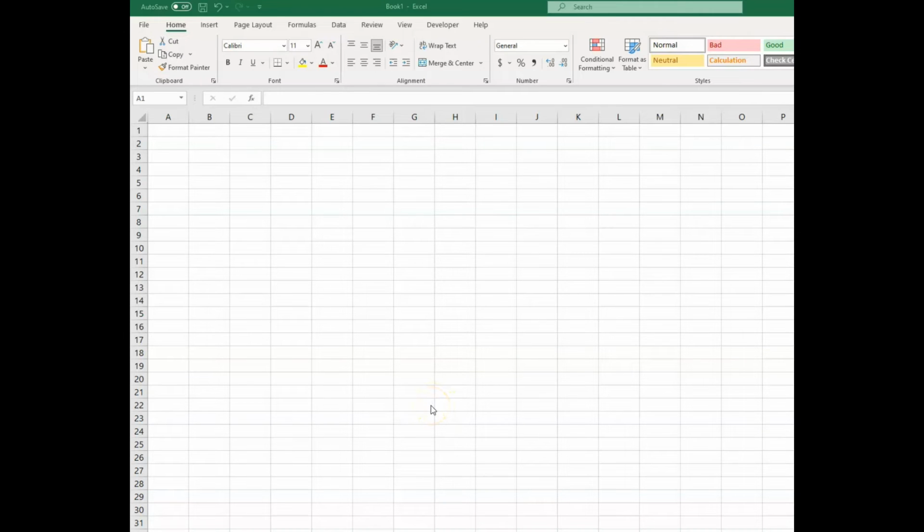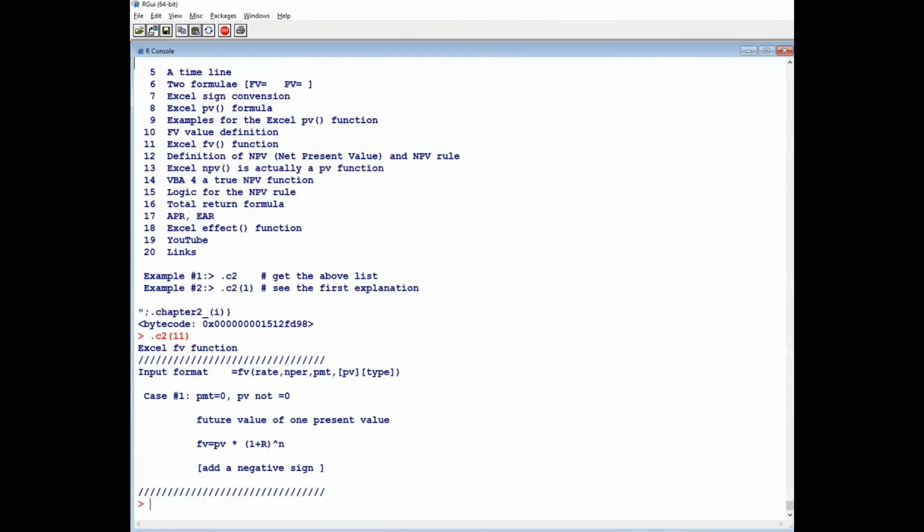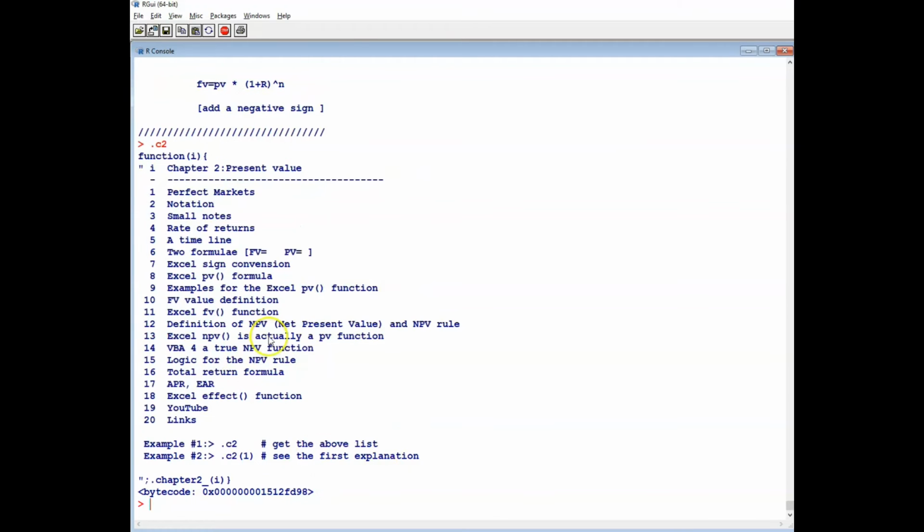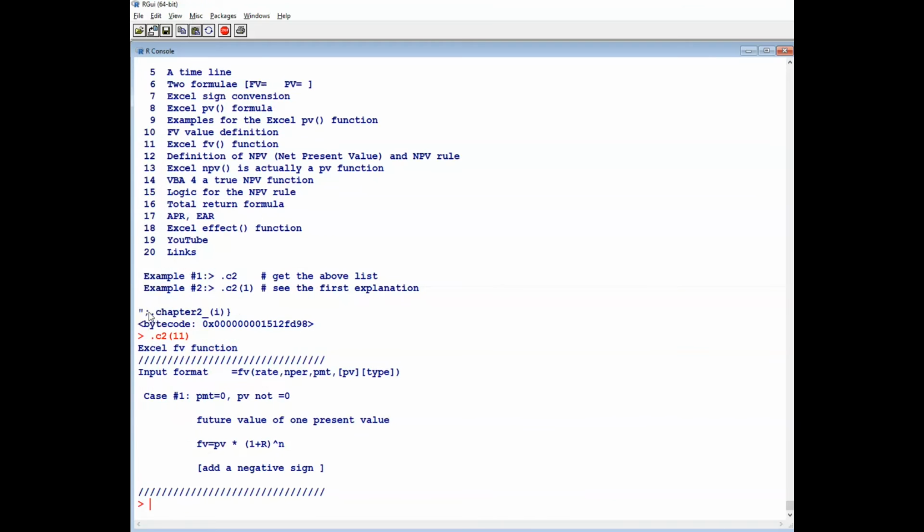Next, let's look at two Excel functions, future value versus present value. I'm going to explain here first, and then we go to Excel to look at it in more detail.